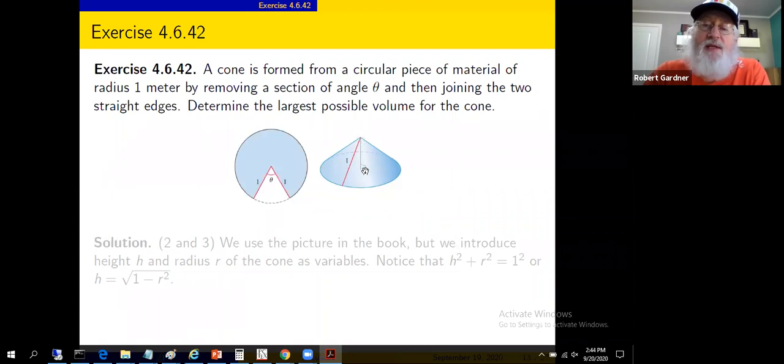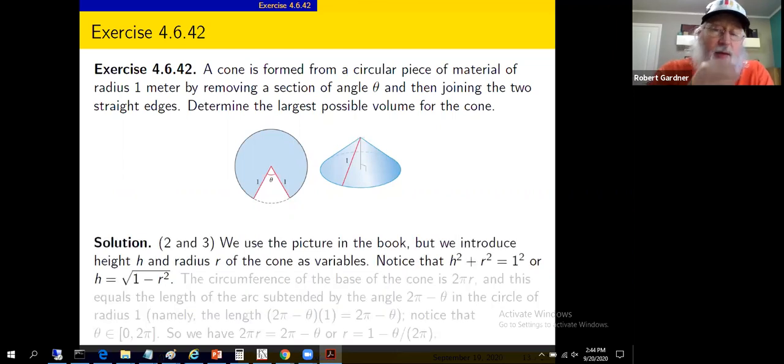But I think I see, as we had before, a right triangle with height h and this other dimension r. So we'll have h squared plus r squared equals 1 squared. There's a right triangle embedded in this cone, just like there was in the previous cone problem.